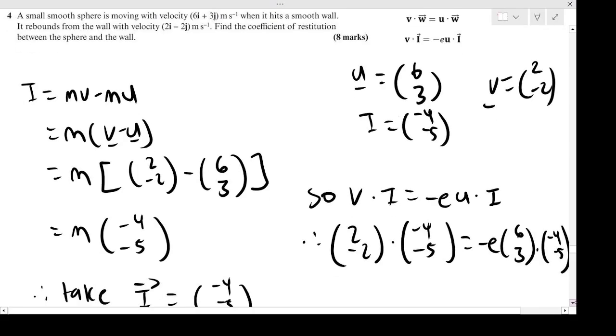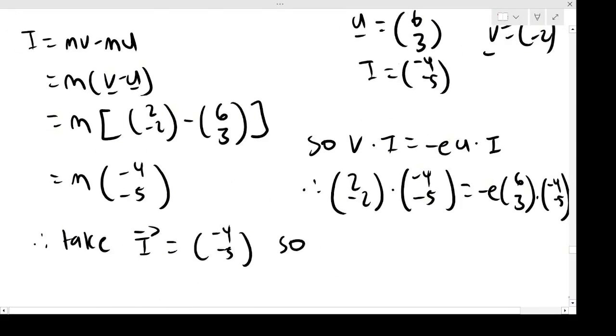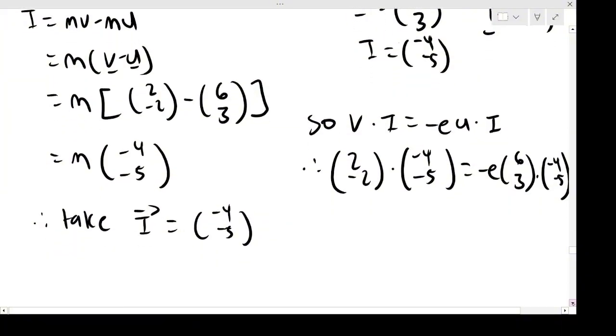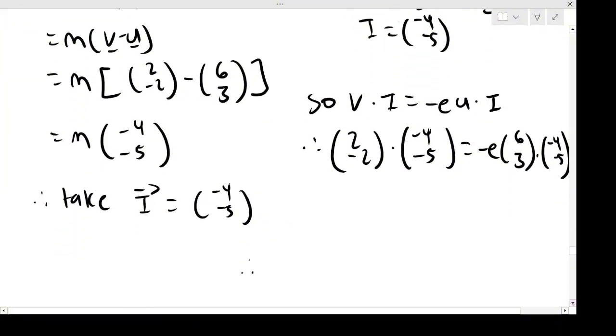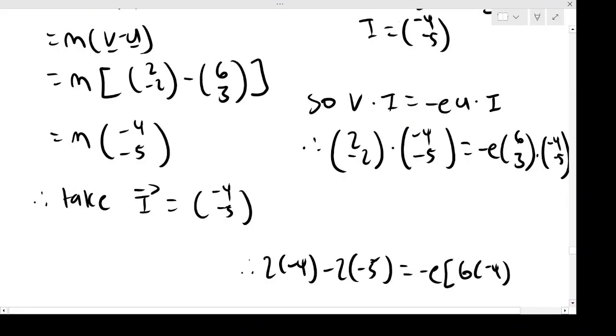So if we work out the dot products, I'm going to do it down here. 2 lots of minus 4, minus 2 lots of minus 5, is going to be minus e lots of 6 lots of minus 4, add 3 lots of minus 5.